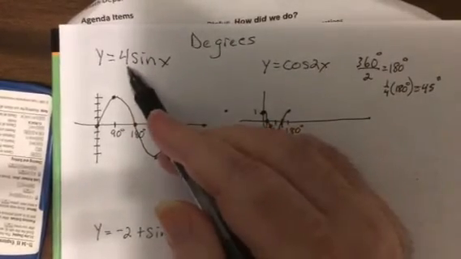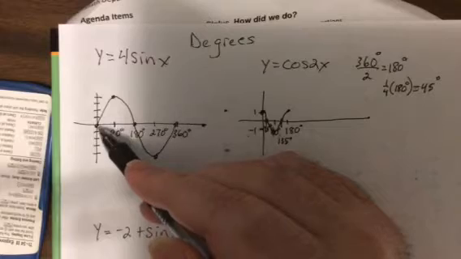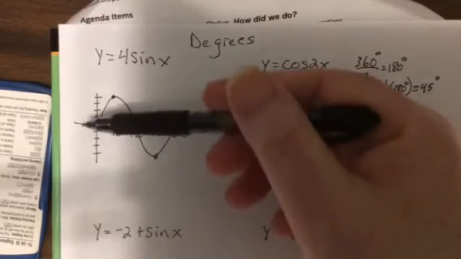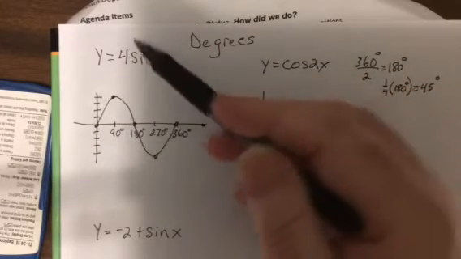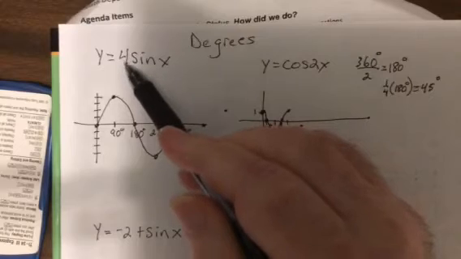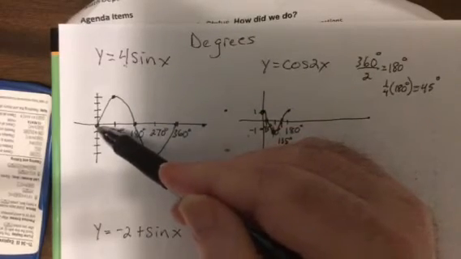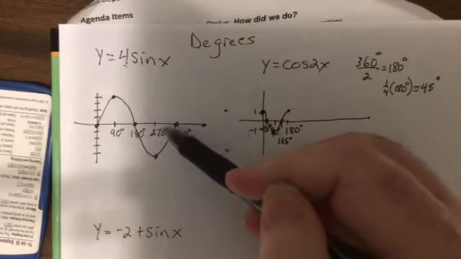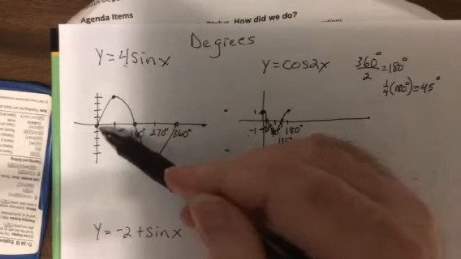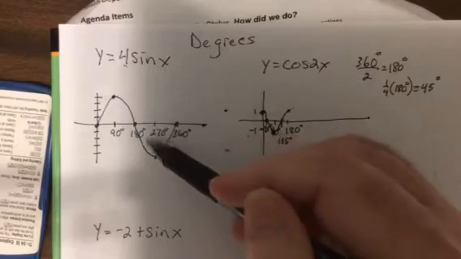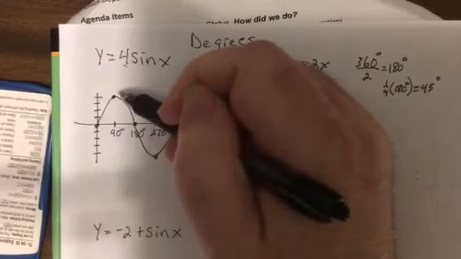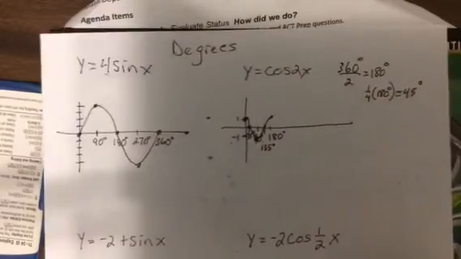So 4 means take sine and multiply everything by 4. So it stretches it out. It changes the amplitude, and the amplitude's the absolute value of this number, which would be 4. So sine is 0, 1, 0, negative 1, 0. So I multiplied everything by 4, and it's a curve. If I see straight segments, I take points off.